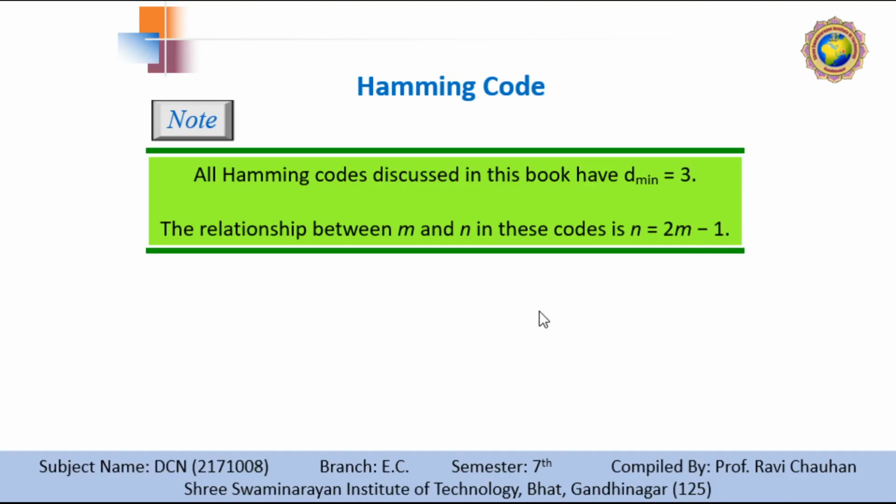The number of check bits r is equal to m. So we can say that all Hamming codes discussed in this book have d minimum equal to 3, and the relationship between m and n in this code is n is equal to 2 raised to m minus 1.